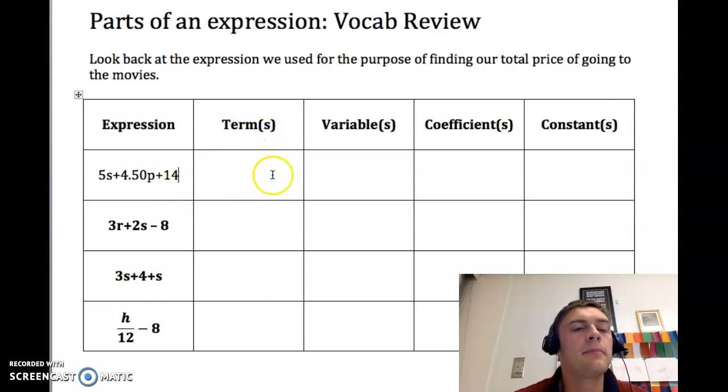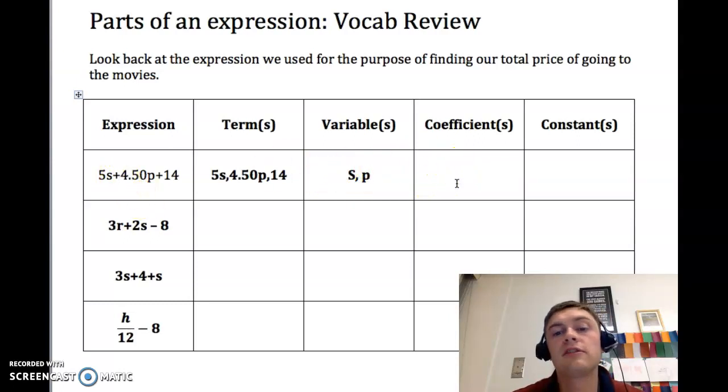All right? And now we're going to pick apart and just identify what is what in this whole expression. So the terms are everything separated by a plus or minus sign. So we have 5s, the next one is 450p, and the next one is 14. The variables here are s and p, just the letters.